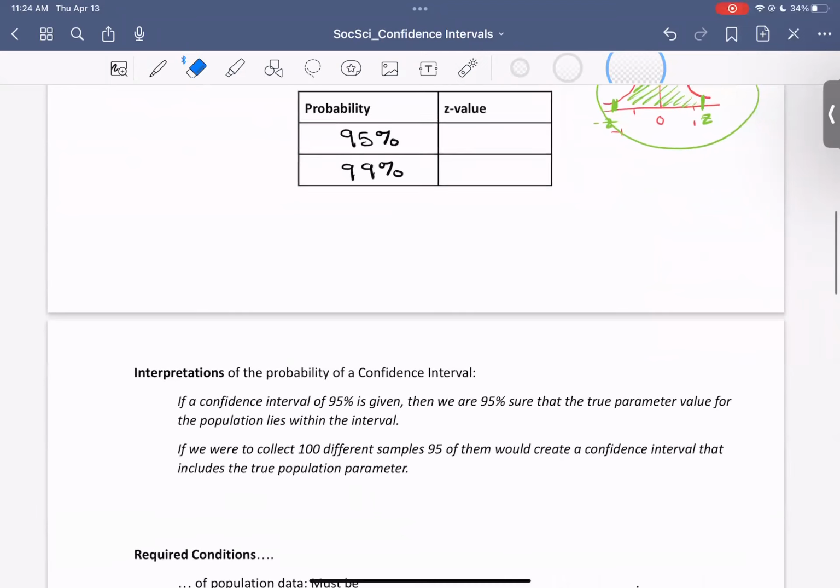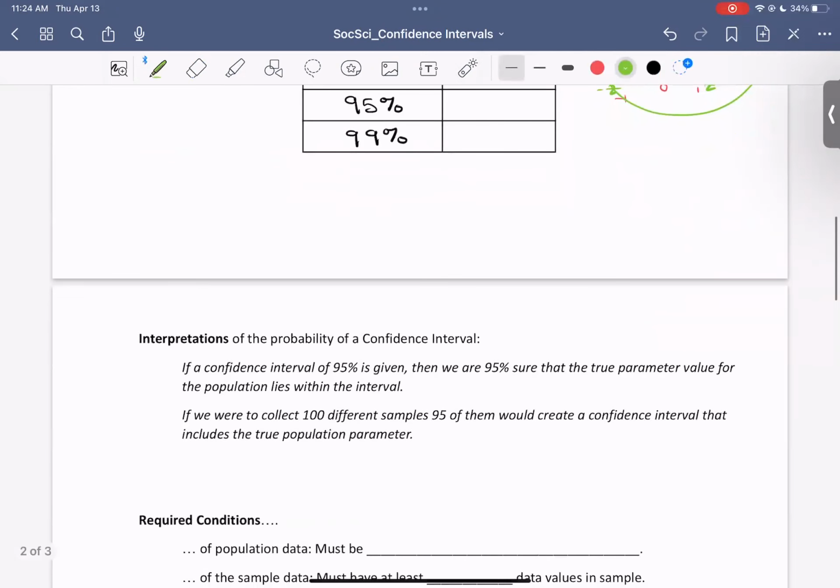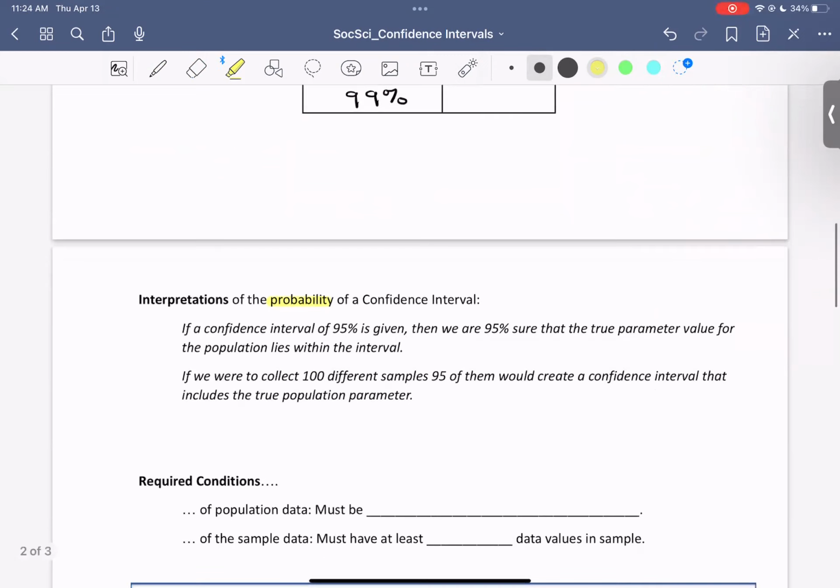So then after we create a confidence interval, how do we interpret the range that we create? And specifically, how do we interpret that probability involved in creating or defining a confidence interval? Well, here are two statements that are helpful for understanding an interpretation of a confidence interval.